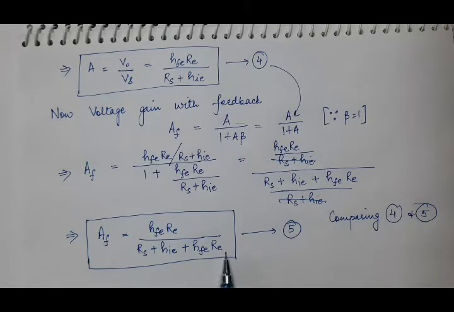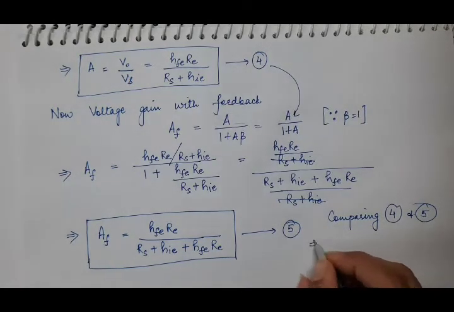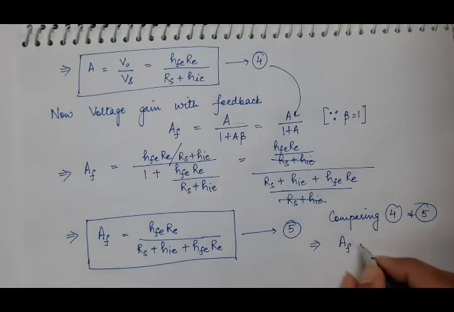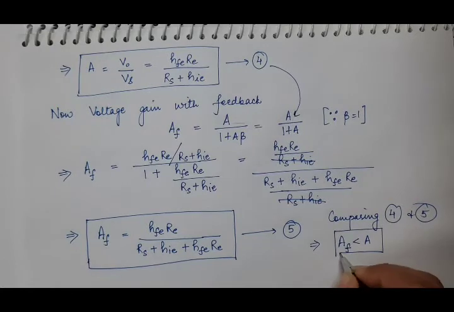It means the denominator of equation 5th is greater than the denominator of equation 4th. It means the value of AF will be less than A. This implies the voltage gain with feedback is less than the value of A. So we know that in case of negative feedback, voltage gain decreases with feedback compared to without feedback.